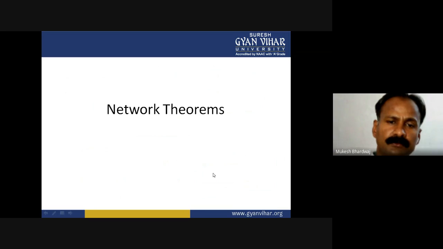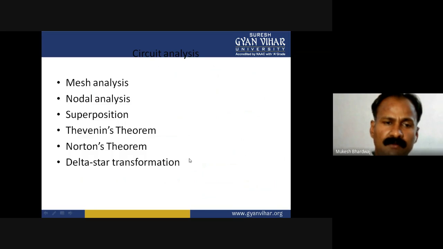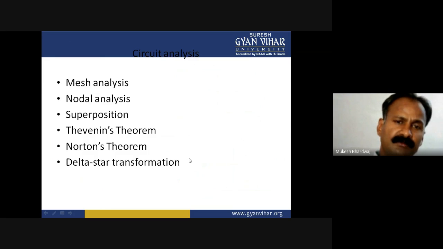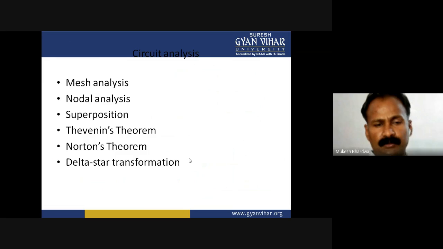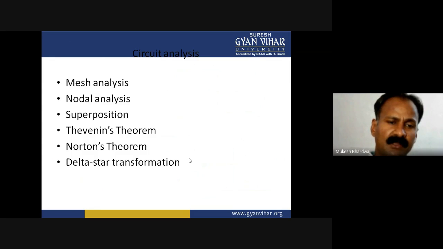Now we are going to start with network theorems. I will discuss the network theorems in the next lecture. Mesh analysis and nodal analysis we have already covered. Now we are going to start with the superposition theorem, Thevenin theorem, Norton's theorem, and there is one more, star-delta transformations: star to delta and delta to star transformations are required.